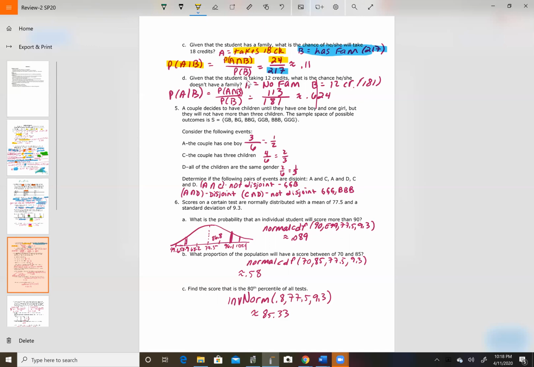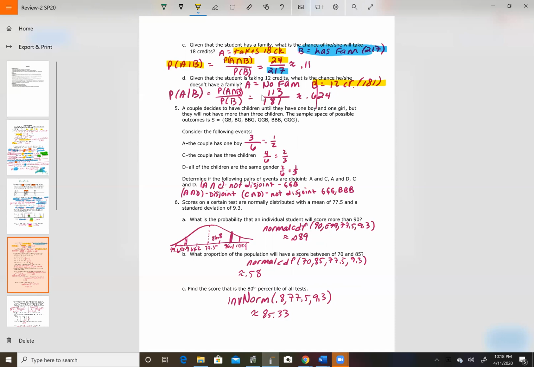D is the same type of math, except our given, our B here, is that somebody's taking 12 credit hours, which is 181. So we're only choosing from that group of 181 people that are taking 12 credit hours, and we're looking for what's the probability that he or she doesn't have a family.